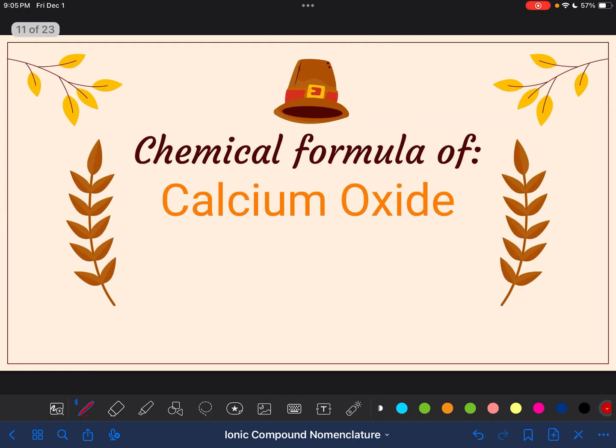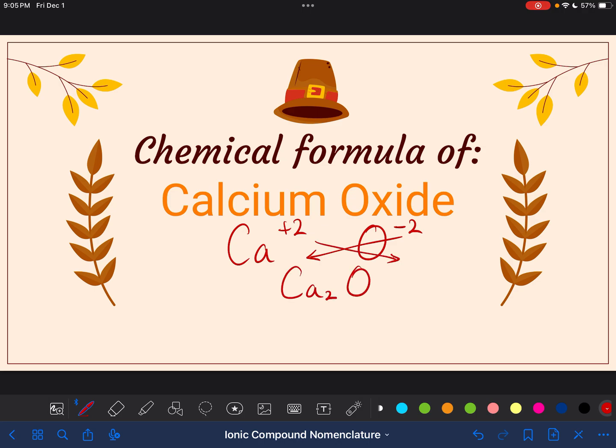Next one. Try this out, pause the video, and I'll reveal the answer in a bit. Okay. Calcium is +2, oxygen is -2. Now, if we crisscross it, our answer will be Ca2O2. But remember, there was that one rule that we said we must simplify.